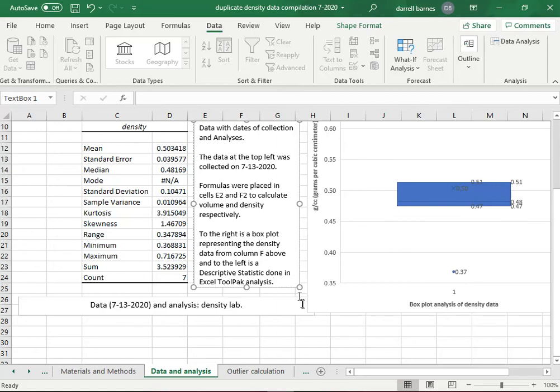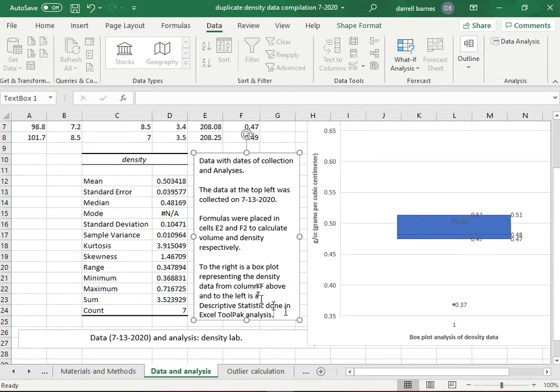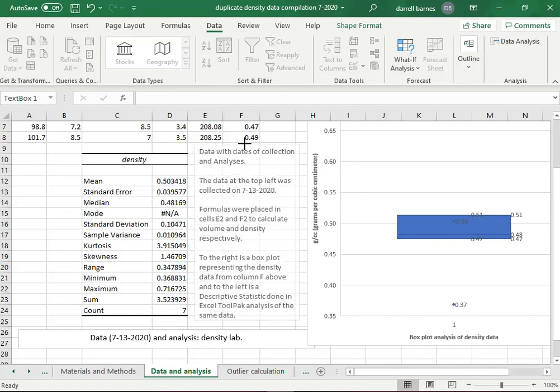I guess done's okay. All right. To the right is a box plot, and to the left is a descriptive statistic done in Excel tool pack analysis of the same data. Let's make this a little bit bigger. I'm running out of room here.